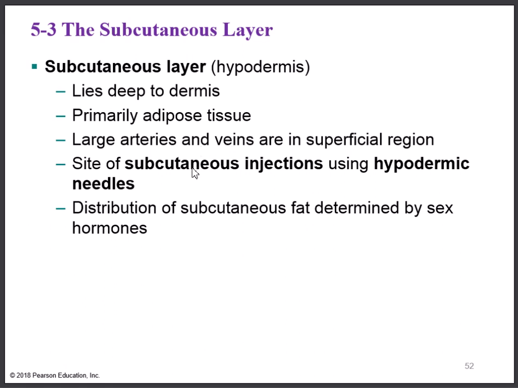You may have heard this term subcutaneous because this is where they actually give certain types of injections. If you've ever gone for the PPD test where they test for tuberculosis, if you ever watched them give you the injection, they don't push the needle straight into your skin. They actually come in at an angle so that they're getting the needle into the subcutaneous area. So we use that term subcutaneous injection, or since it's called hypodermis, they can also say a hypodermic injection.